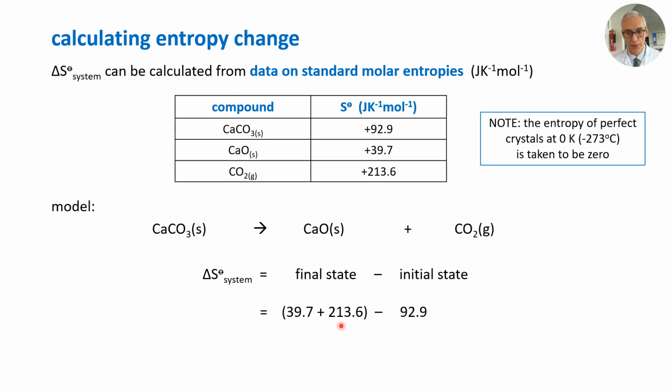So I sum those two and I take away the initial state, which of course is the reactant entropy. So that's the standard molar entropy for calcium carbonate as a solid. Comes out as plus 160.4 joules per Kelvin per mole.